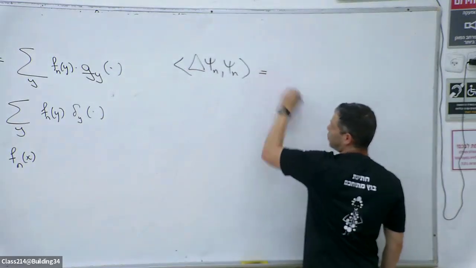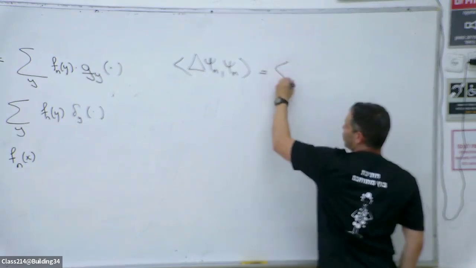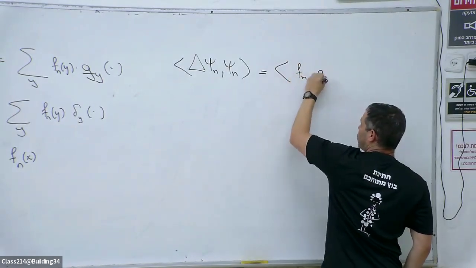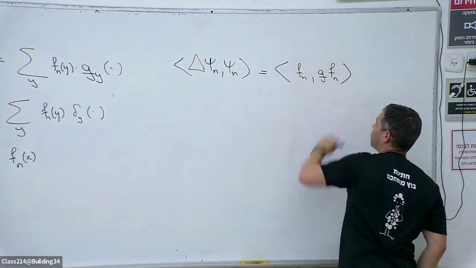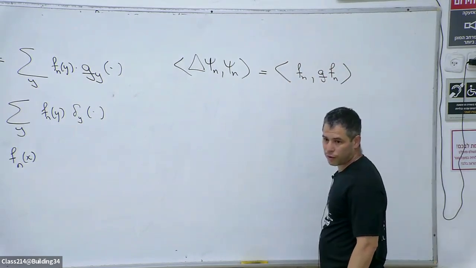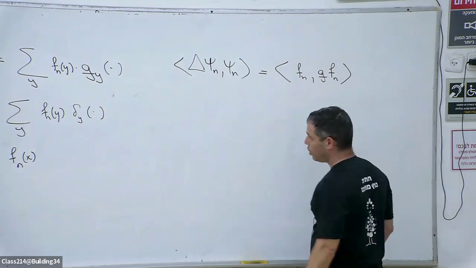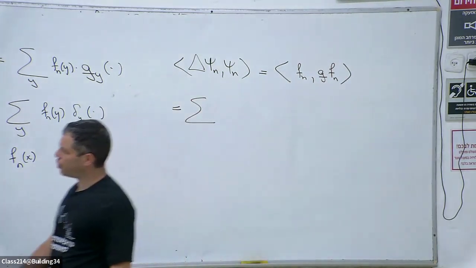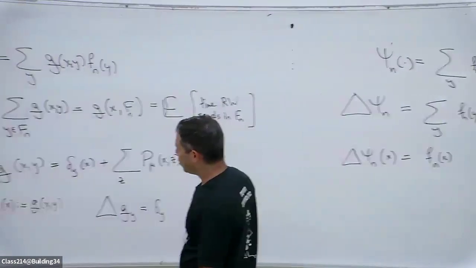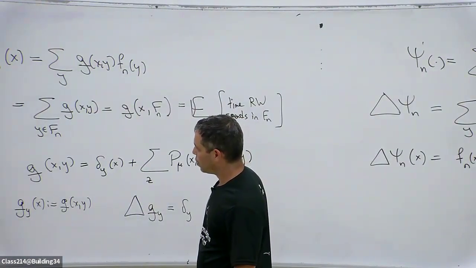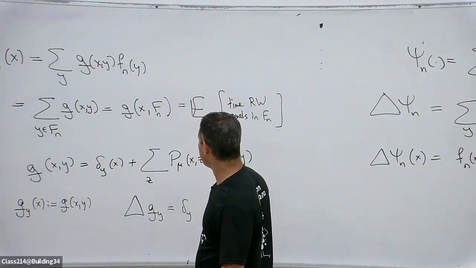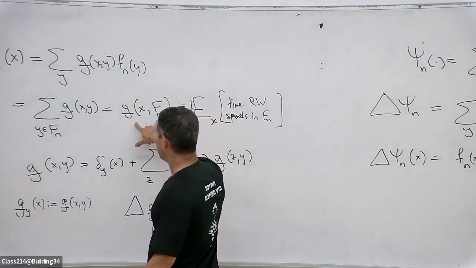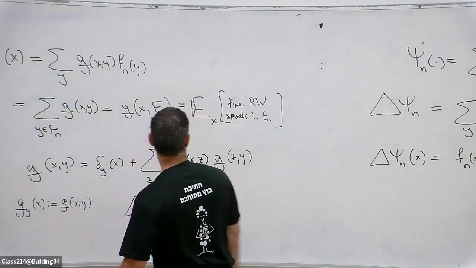By what we just said, this is f n with g f n. Maybe I want to go back to this representation: psi n of x is the expected number of times the random walk visits x.